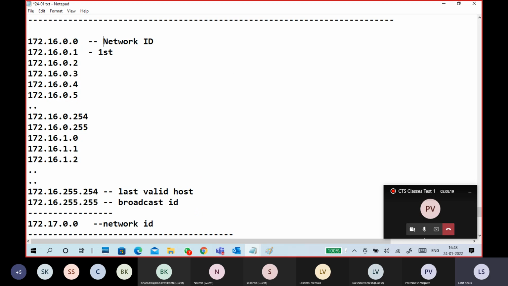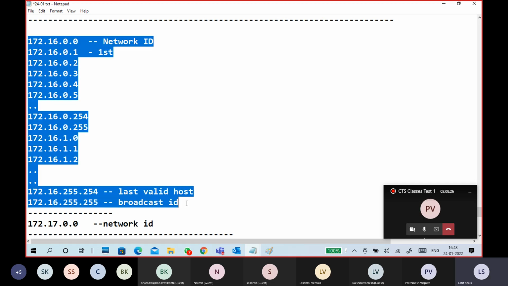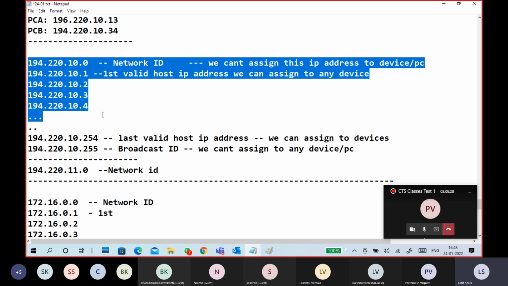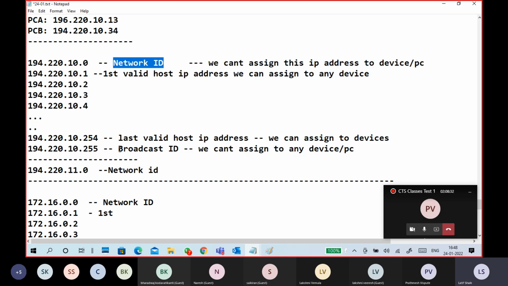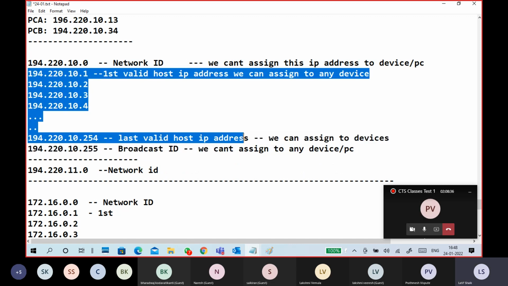In each network, there is a network ID and a broadcast ID. However big the network is, whether class A, class B or class C, there is one network ID and one broadcast ID. In between them, all are host IDs only.